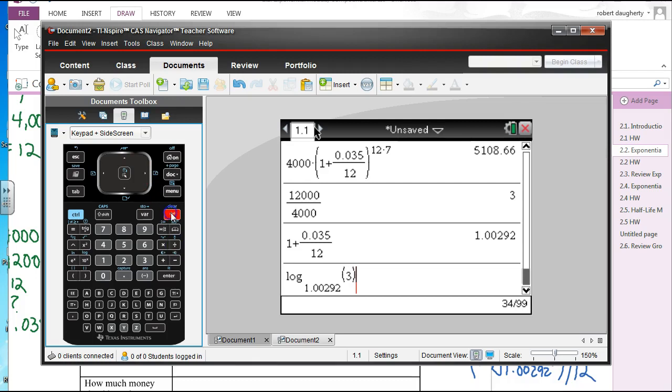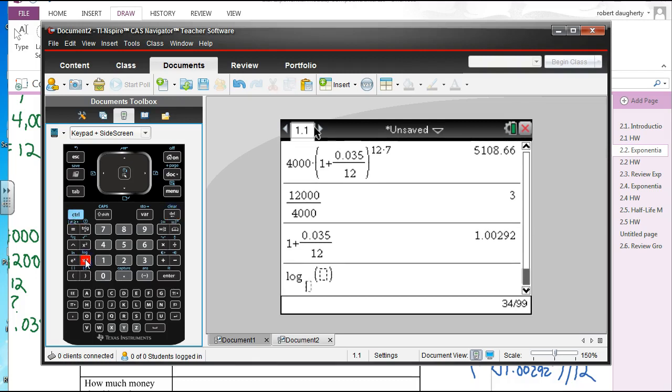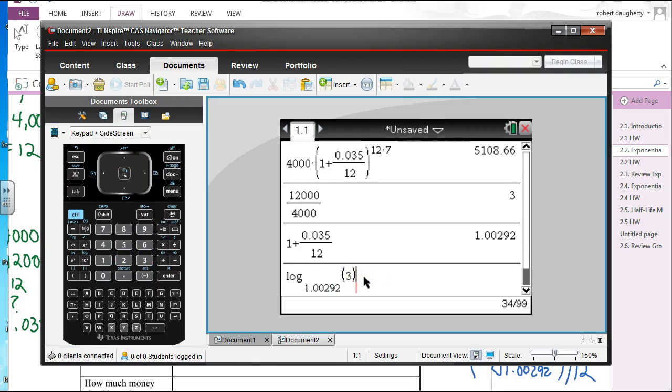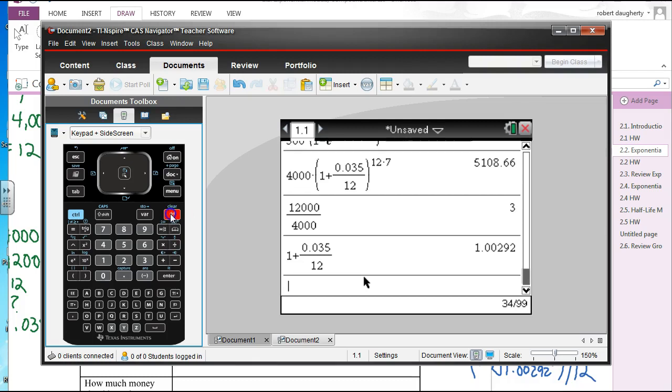Why is it not working? Let me just back up. Okay, let's do it again. Why am I having trouble with this? Let's just do it this way.